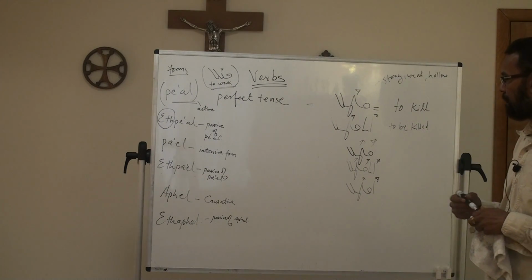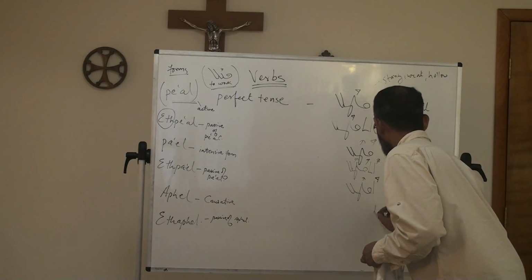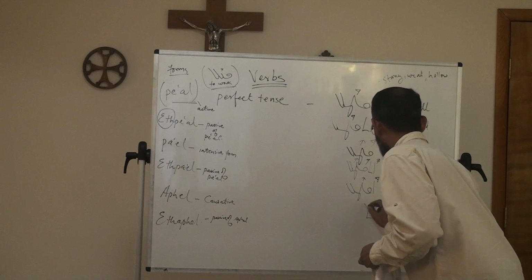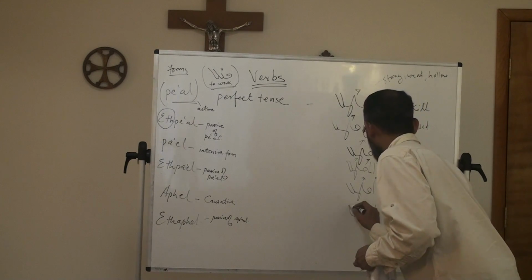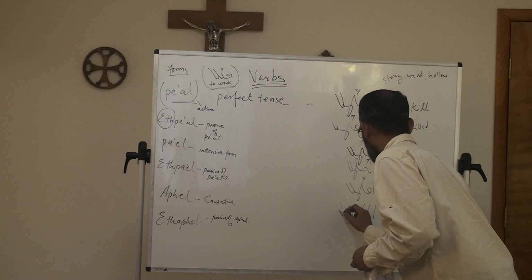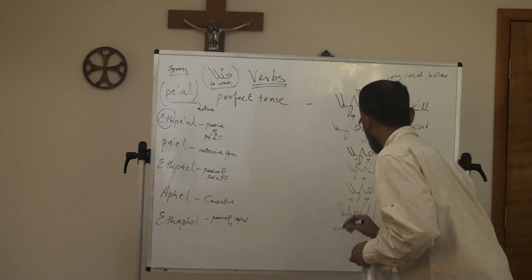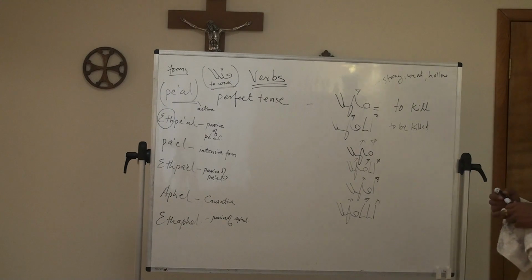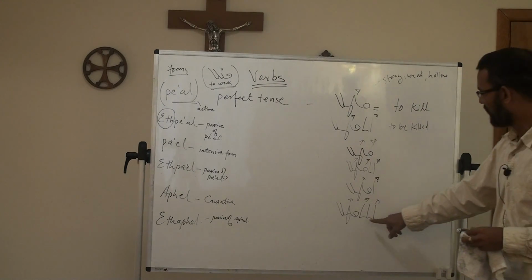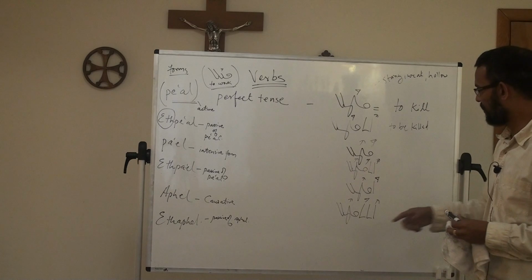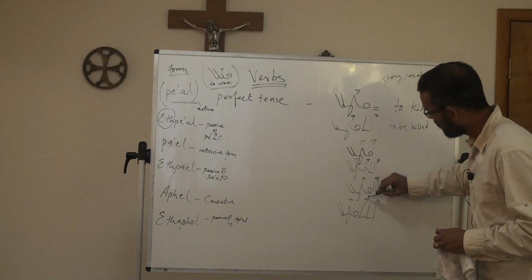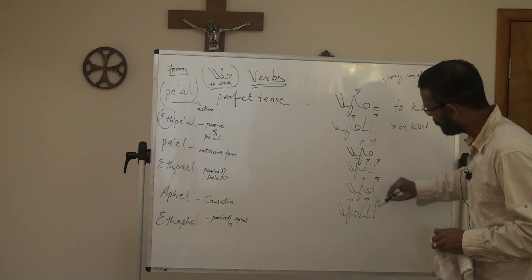And the et apel will be et taktel. So here the tav will double. Instead of just one tav, we have two tavs.